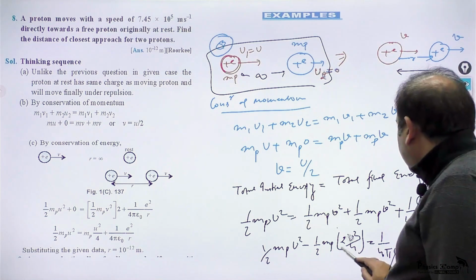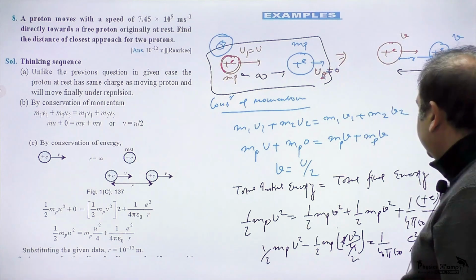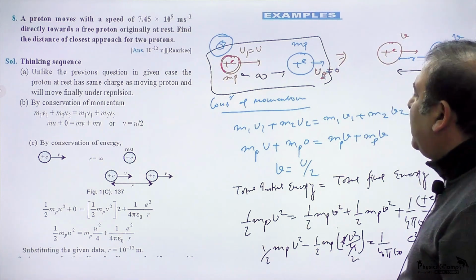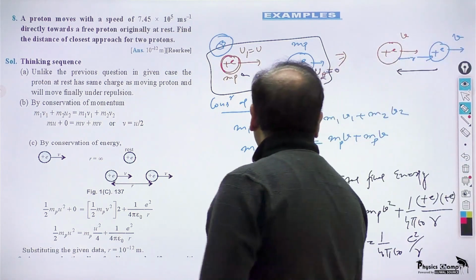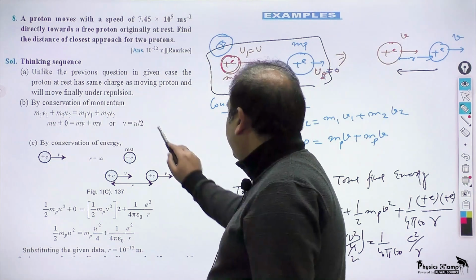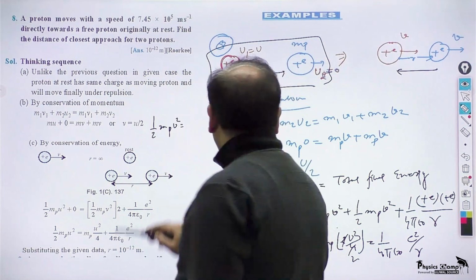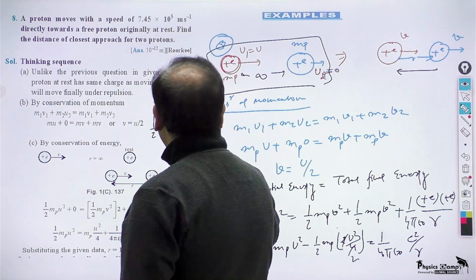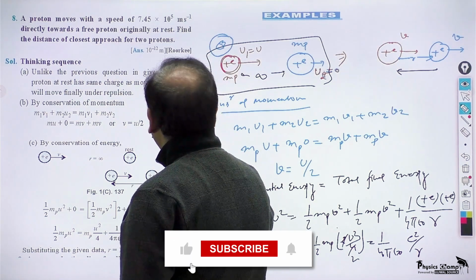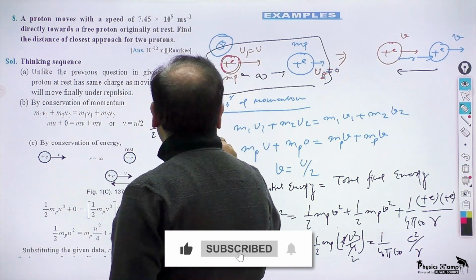So this is half mp u square. So you will be getting, I am writing it here, half mp into u square is equal to 1 by 4 pi epsilon naught into e square by r.